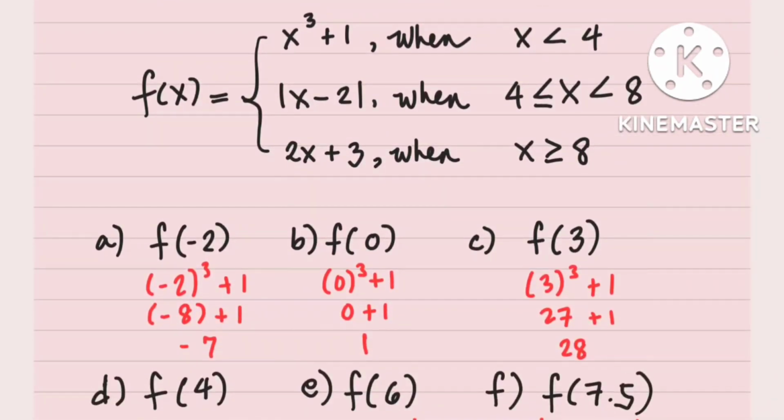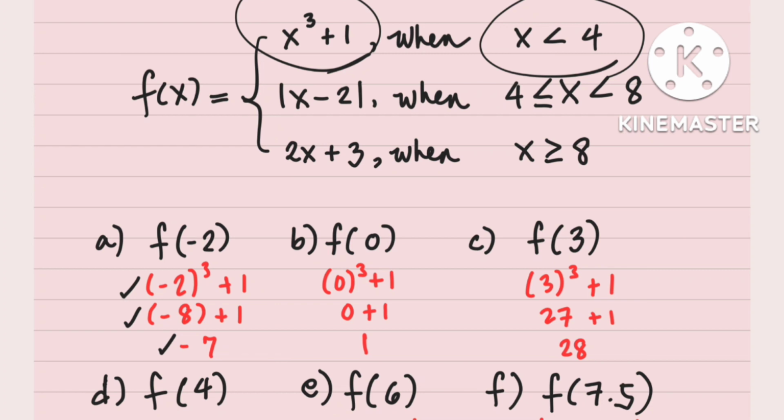So as you can see here, letter A, we're asked to find the value of f of negative 2. And the number negative 2 is within the interval x is less than 4. So we will evaluate this rule. Doing that, we will obtain negative 7.